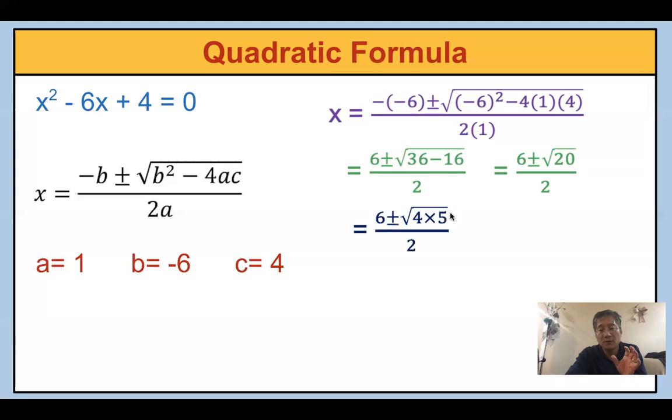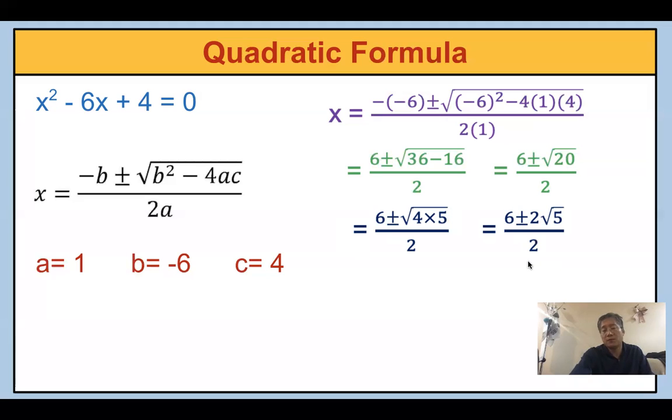So you should do that. You can write down 6 plus minus square root of 4 times 5. So 4 comes out as 2, right? Now, you should know this is plus minus here over 2.